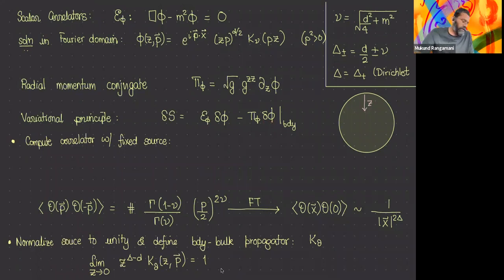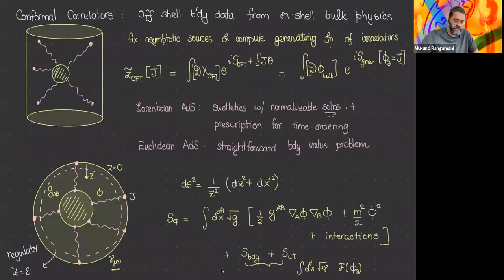So I'm just going to impose the Dirichlet boundary conditions for the boundary of AdS. So in fact, I need no boundary term here because the Dirichlet boundary conditions are automatically satisfied by holding delta phi fixed on the boundary.